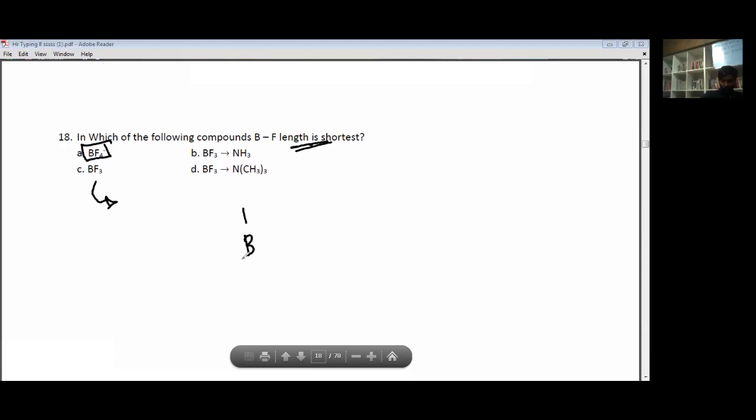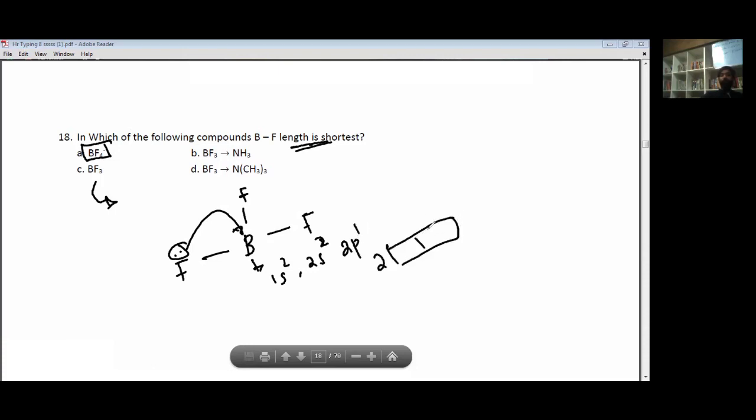An independent BF3 has back bonding, because boron has vacant orbitals: its configuration is 1s2, 2s2, 2p1, so some orbitals are vacant.